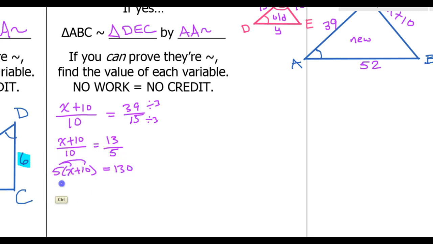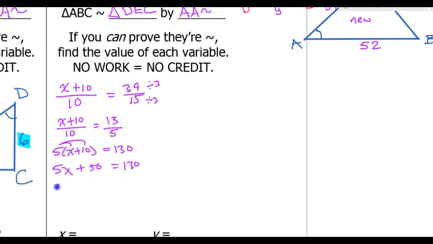So distributing, I get 5x plus 50 equals 130. So that's going to give me 5x is equal to 80 once I subtract 50 from both sides. And then I'm dividing both sides by 5.